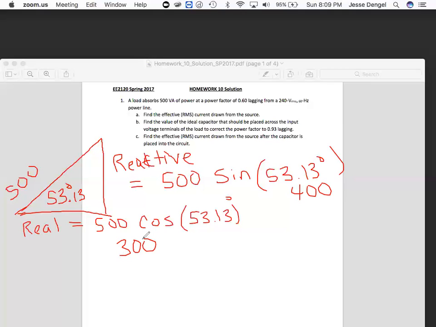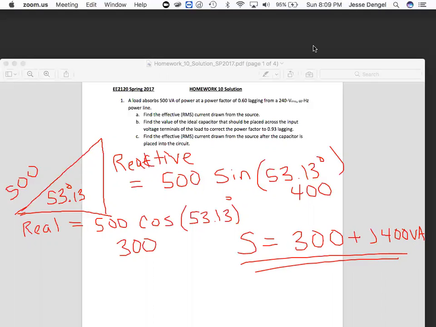So our S is equal to 300 plus j400 VA. So I have to remember that for later.